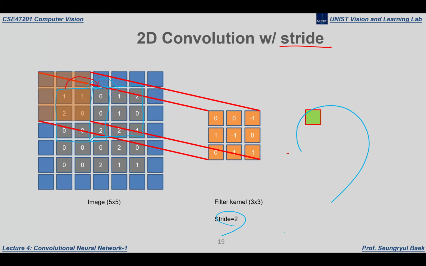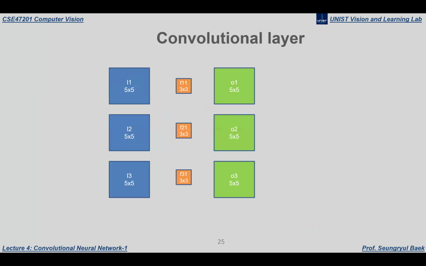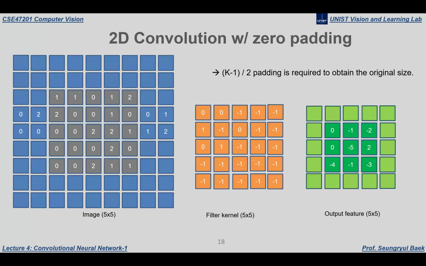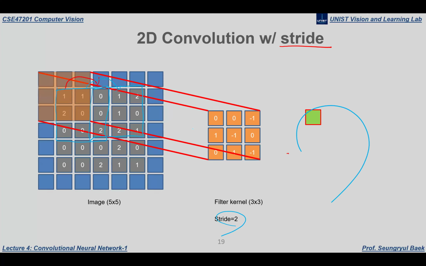That is explained here. So do you understand what the 2D convolution operation is? And the filter kernel coefficients become the parameters. Are you following this?